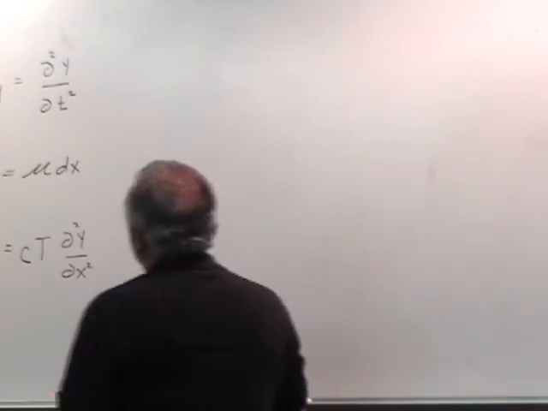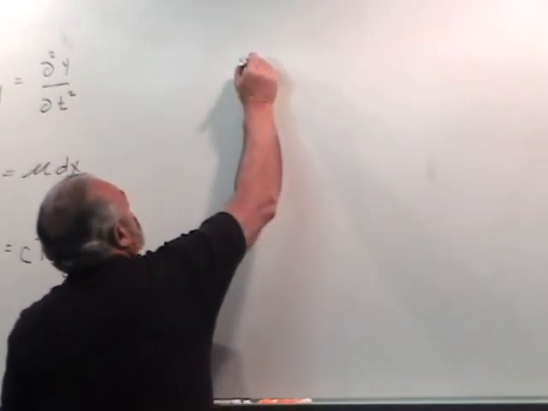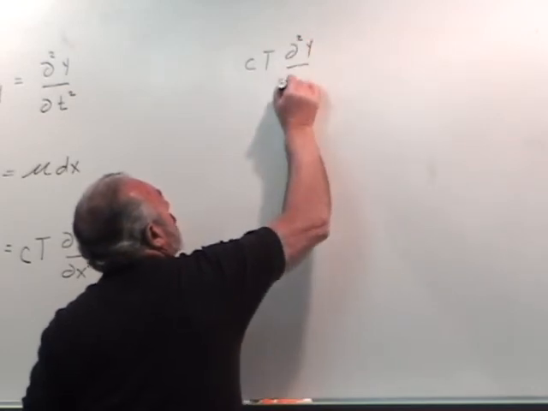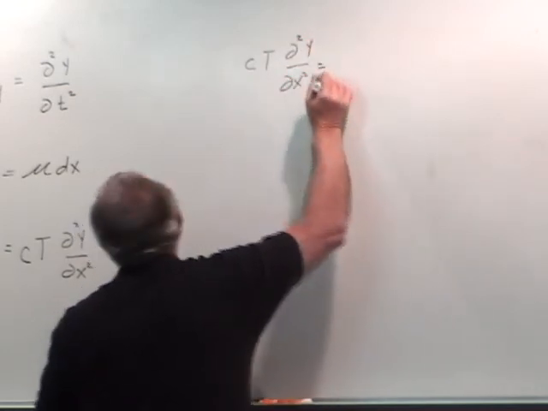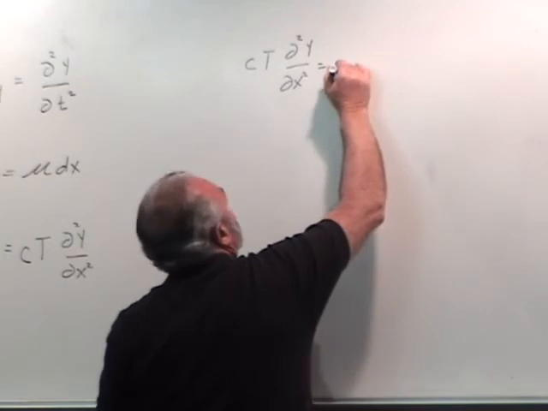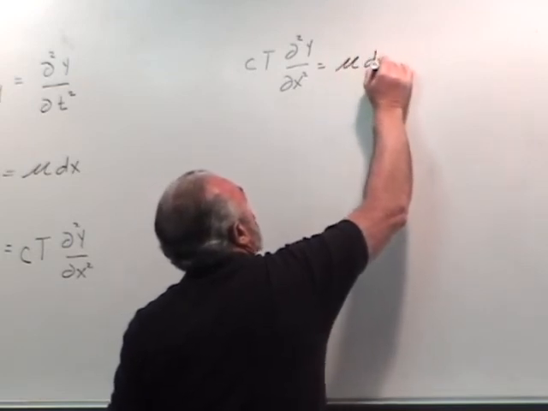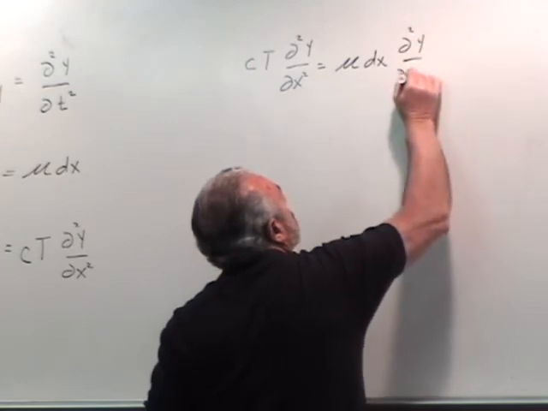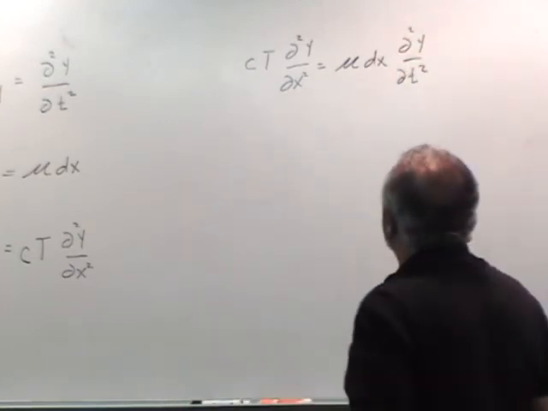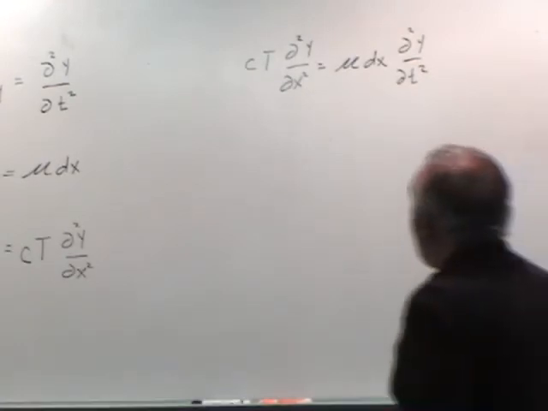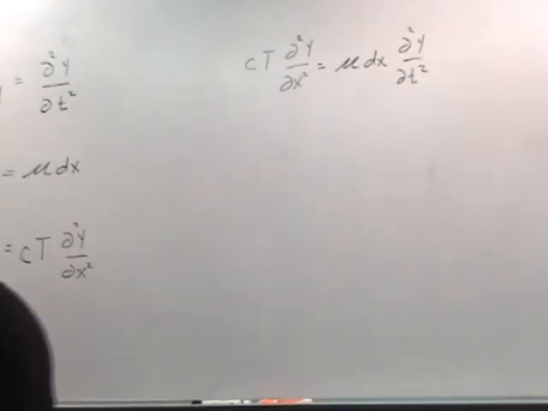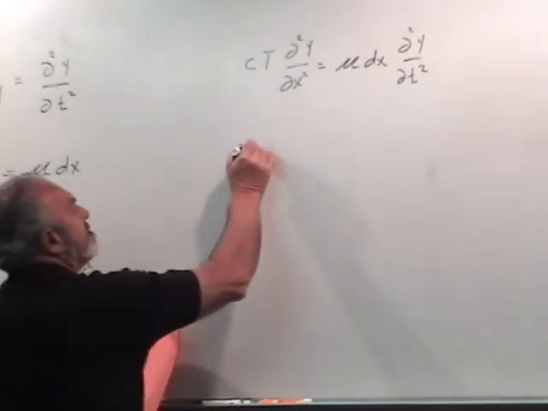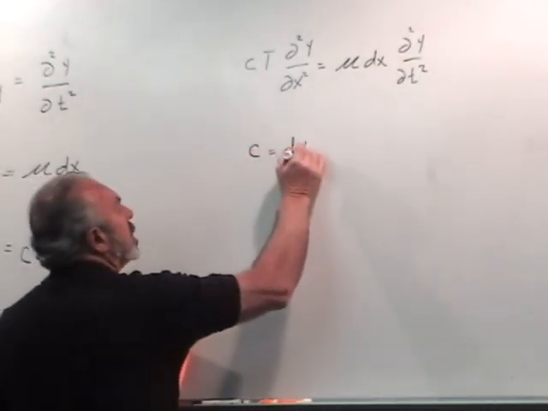So now we can write F equals ma. C T d squared y dx squared equals mu dx d squared y dt squared. Now we have the equation. I will assert once again and prove to you later that c is dx.